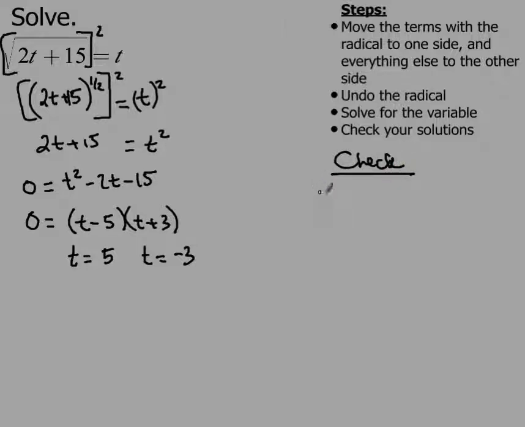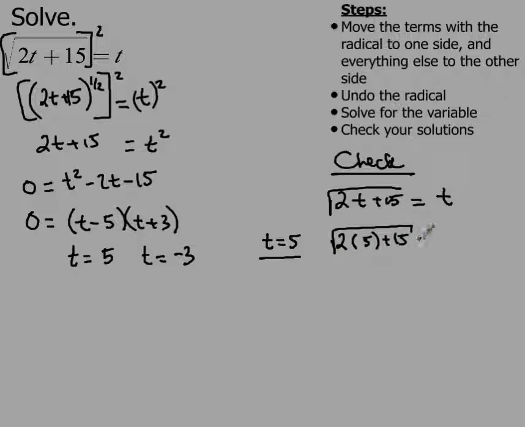So here we go. We're going to, of course, write down the original problem, the square root of 2t plus 15, and then we want to see if that equals whatever our t value is. So I'm going to check t equals 5 first. I'll have the square root of 2 times 5 plus 15, and I'm setting that equal to my value for t, which is 5.